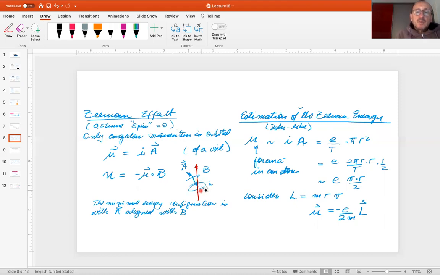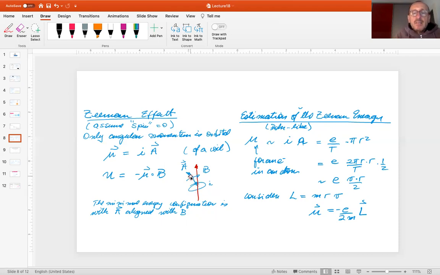Okay, so this particular loop will have a magnetic moment, which is simply equal to the current in the loop multiplied by the area. This is the magnetic moment, and the magnetic energy of a system like that is simply minus the magnetic moment times the magnetic field. Okay, so this is the expression for the energy, which means that if I have a macroscopic loop, for example, in a magnetic field, what will happen?